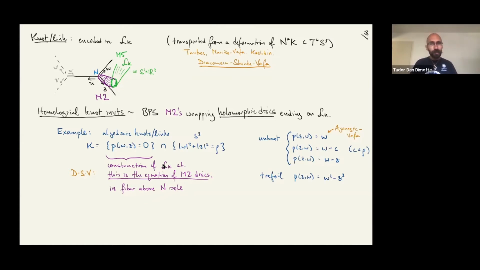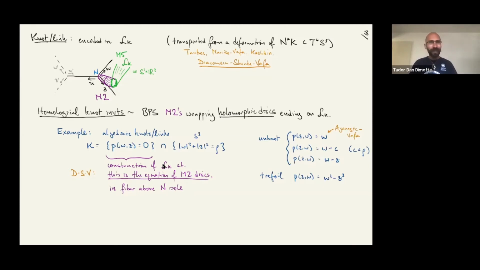So an algebraic knot is a knot that comes about as the intersection between an S3 inside C2 and a plane curve, typically a plane curve singularity, written as the solutions of some polynomial equation P of W and Z equals 0. And so, for example, if you want to describe the unknot this way, there are several different ways to do it. You can just take the equation W equals 0 and intersect that with S3.